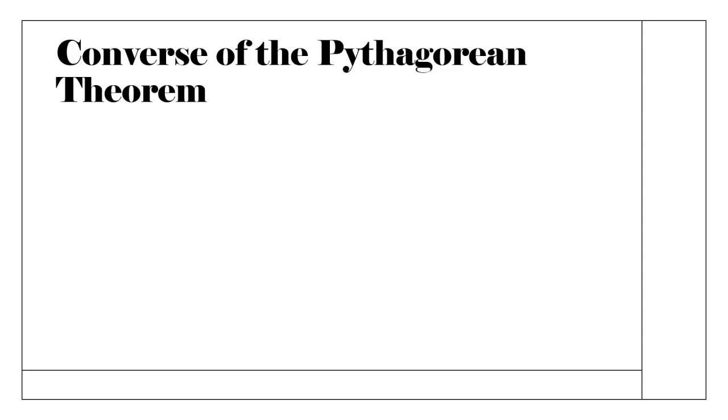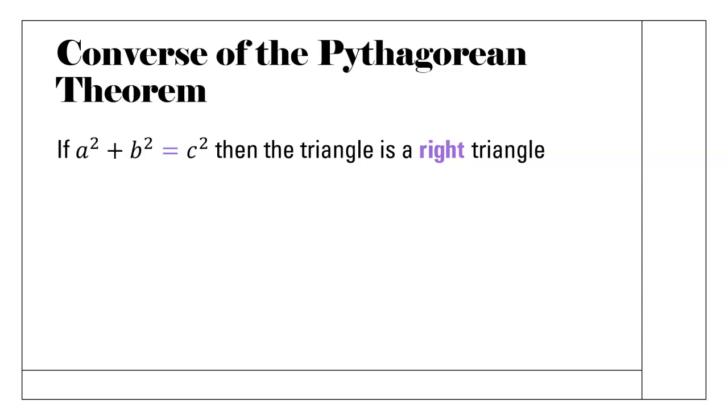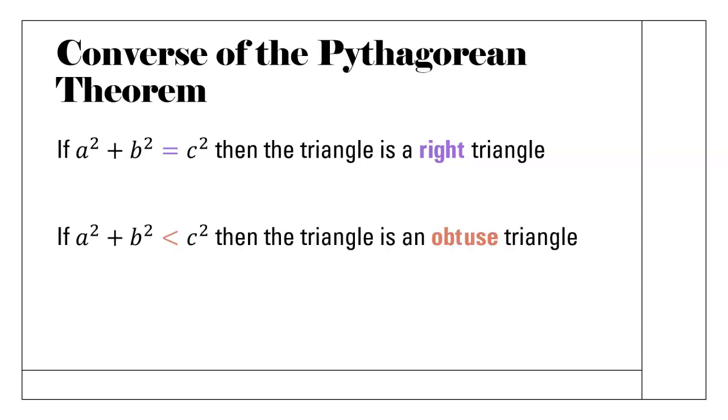The other thing the Pythagorean theorem can tell us is whether we have a right triangle or not. If we do a squared plus b squared and we get c squared, then we right away know that we do have a right triangle. If a squared plus b squared is smaller than c squared, then we know that we have an obtuse triangle.